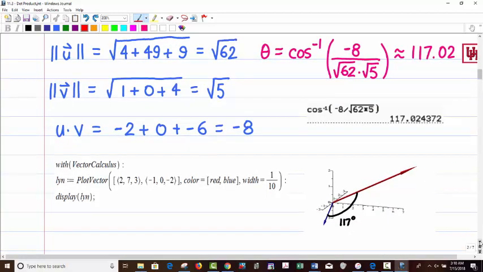Okay, I didn't sketch the plane, but I used Maple to sketch the two vectors. I know it's hard to tell. Maybe I should do this graph again and change the angle of the view, because it almost looks like it's 90 degrees, but it's tricky to see from this angle, so I didn't choose a very good view on this.